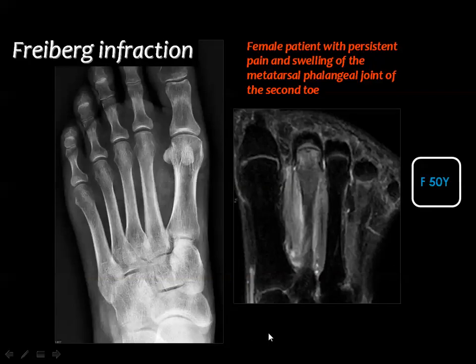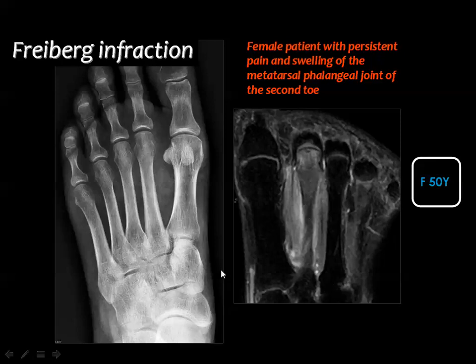Then, as I have mentioned, the changes appear on the plain X-ray. You can see the changes by MRI in the form of bone marrow edema, which is not specific for this particular disease. Bone marrow edema can be secondary to trauma, to occult or stress fractures, and to infection.